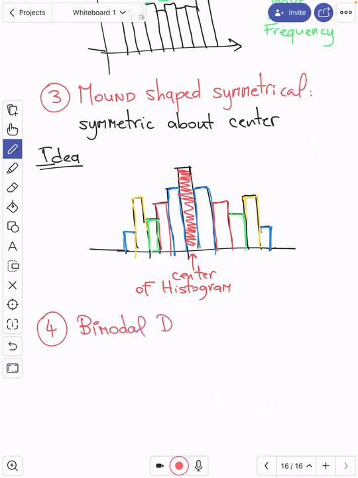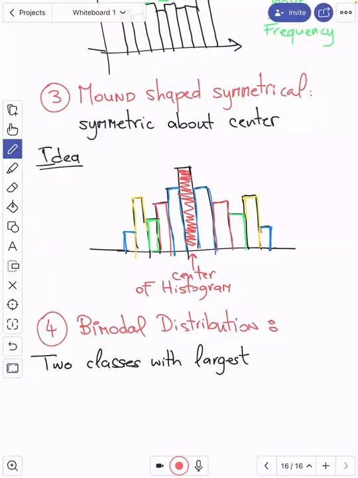In this bimodal distribution, you have 2 classes with the largest frequencies that are separated by at least 1 class.